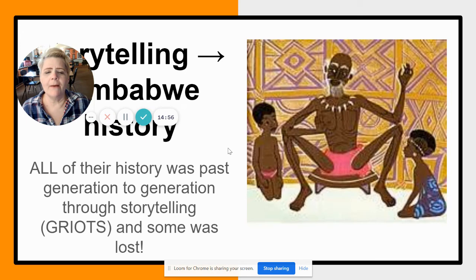That's exactly what happened with the history of Zimbabwe, okay, is that as it was passed down from generation to generation, things were added, things were subtracted, things were elaborated and things like that. And so literally the Griots were the storytellers, and they would tell the history of Zimbabwe.